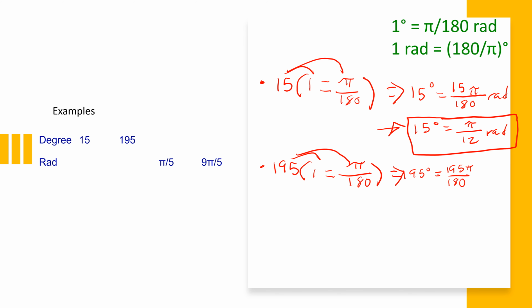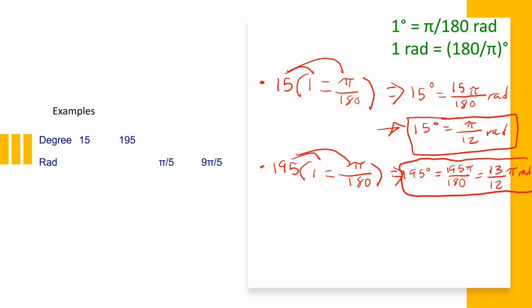And then what I have is 13 over 12 times pi radians. Right, so that's how I get my degrees to radians.